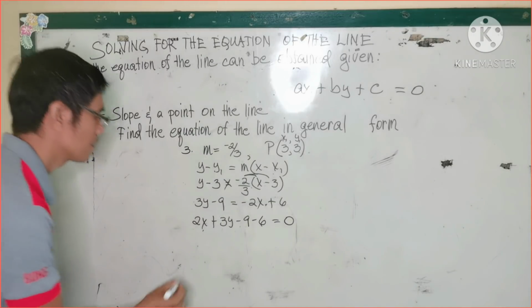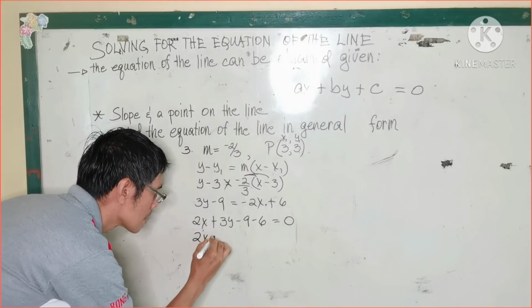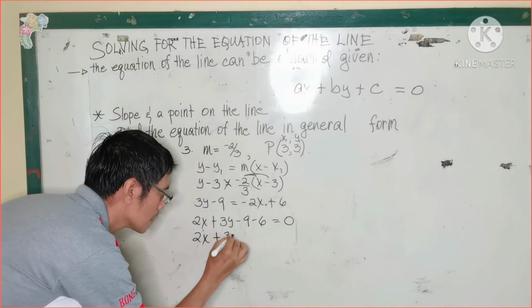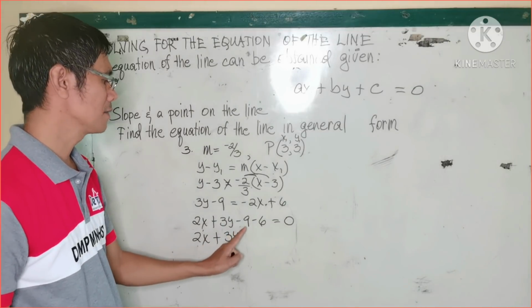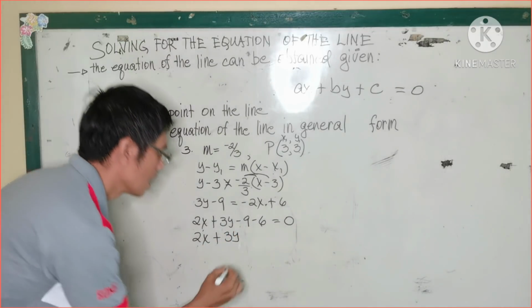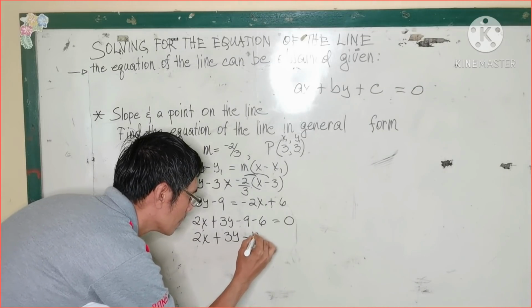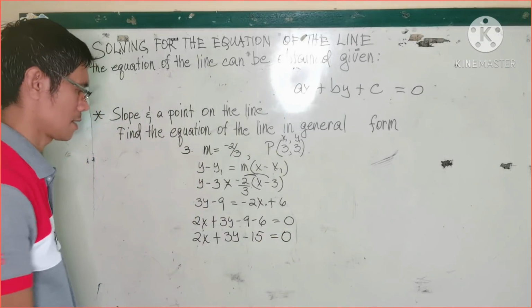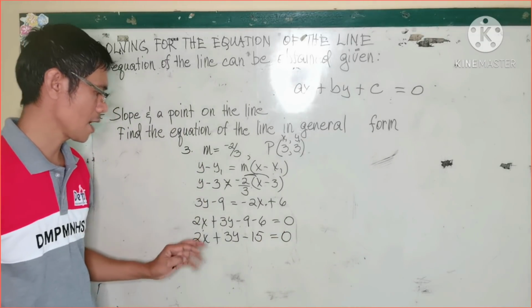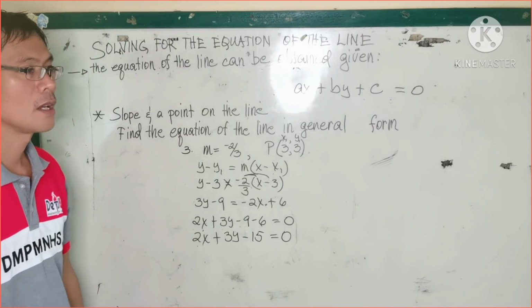So simplifying further, we have 2x plus 3y. Negative 9 minus 6, that gives us negative 15 equals 0. There. So the answer is 2x plus 3y minus 15 equals 0.